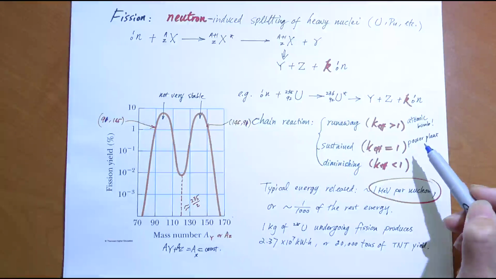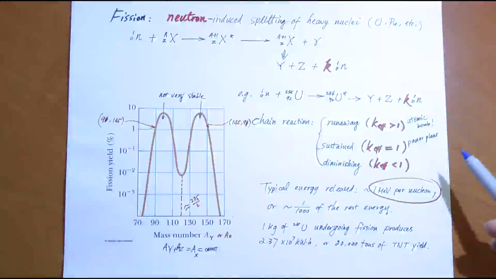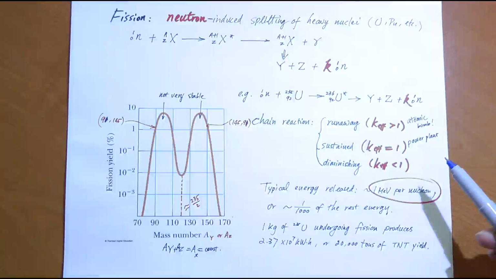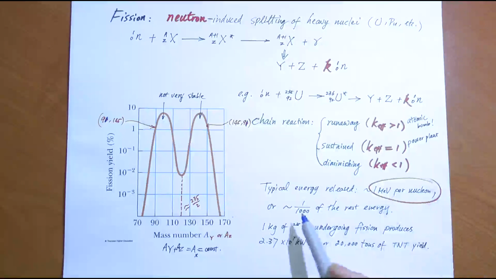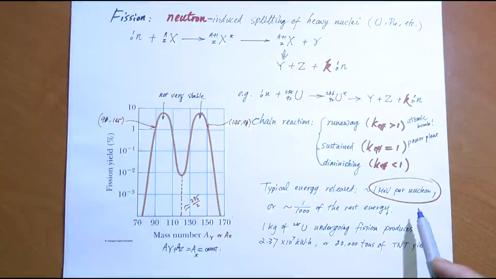And therefore, we say a typical nuclear reaction through fission releases about 1 million times the energy of a typical chemical reaction. That's the power of nuclear energy. So this is a good number to know: 1 in 1,000 of the rest energy converted.